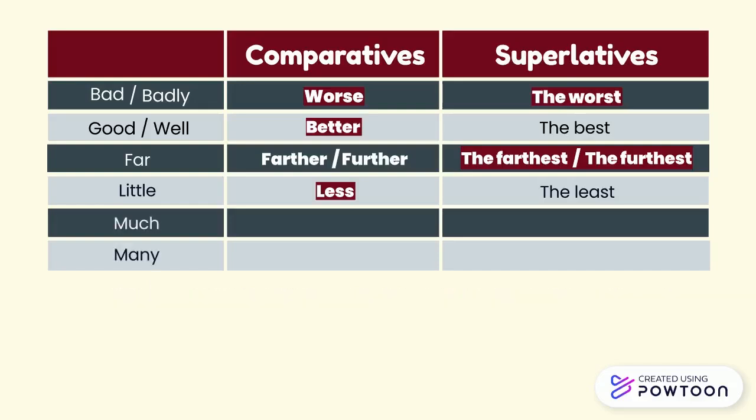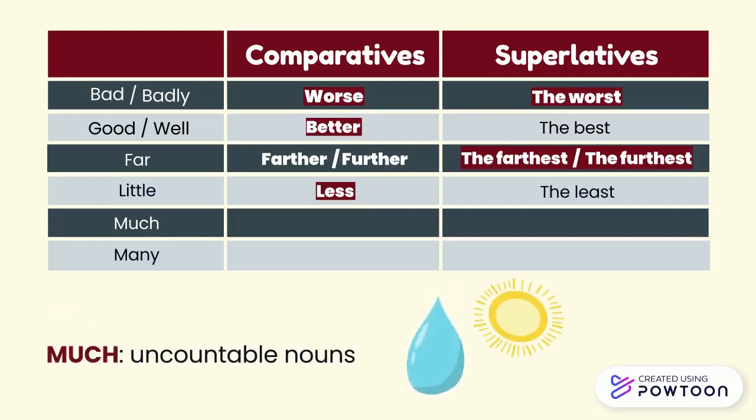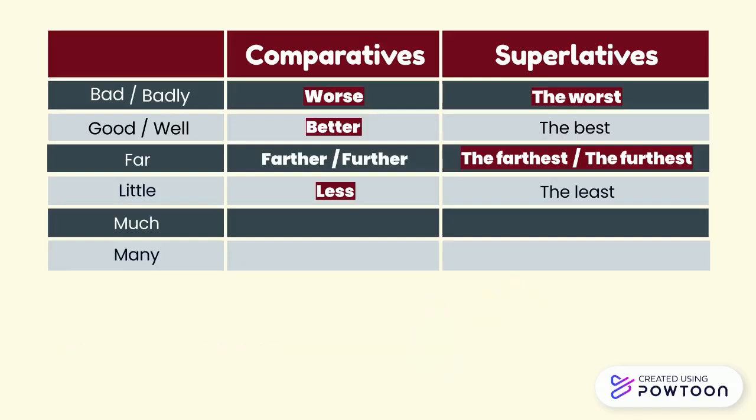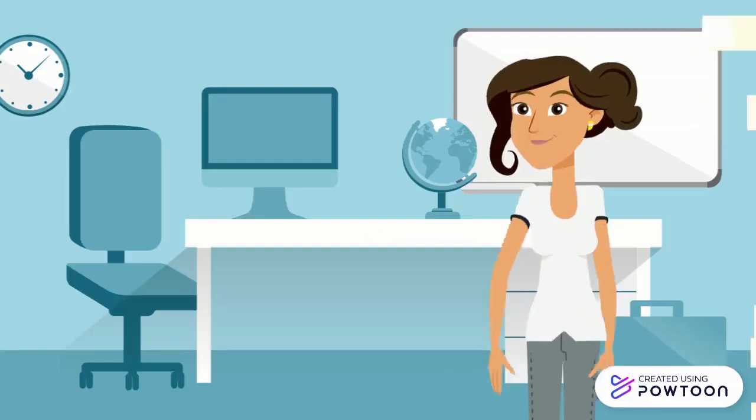Much and many are both quantifiers. We use many for countable nouns and much for uncountable nouns. The two of them become more in comparative form and the most in superlative form. For example, my sister has more shoes than I do. In fact, she has the most pairs of shoes in my family.